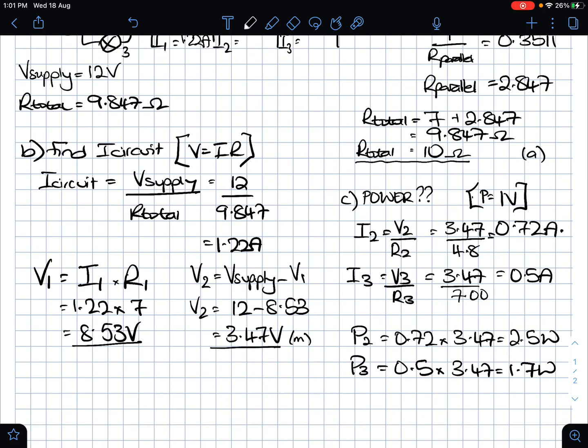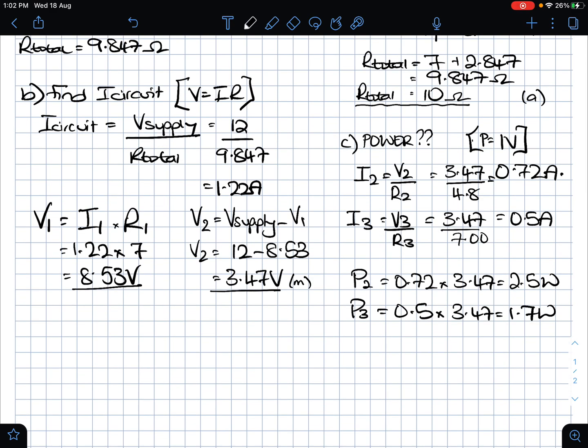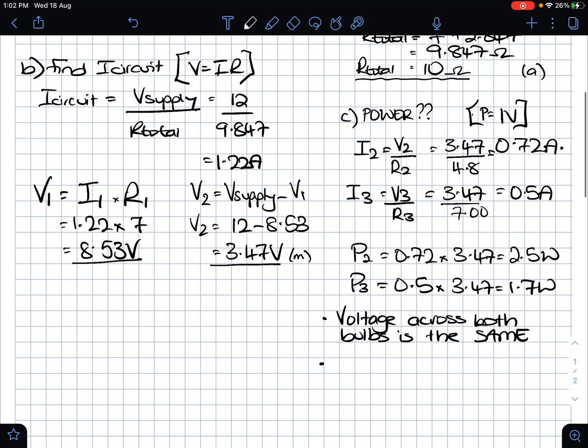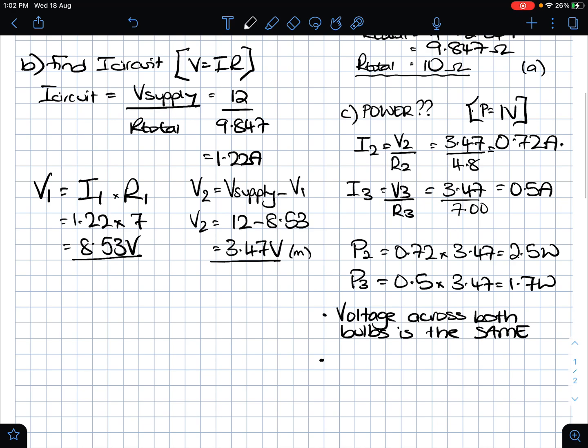Okay, so I've done my calculations, and the reason I like to do the calculations is because now I've got something to write about. Okay, so the first thing we're going to say is the voltage across both bulbs is the same. Okay, then I've done my voltage statement. Now I'm going to do my rip out the answer.